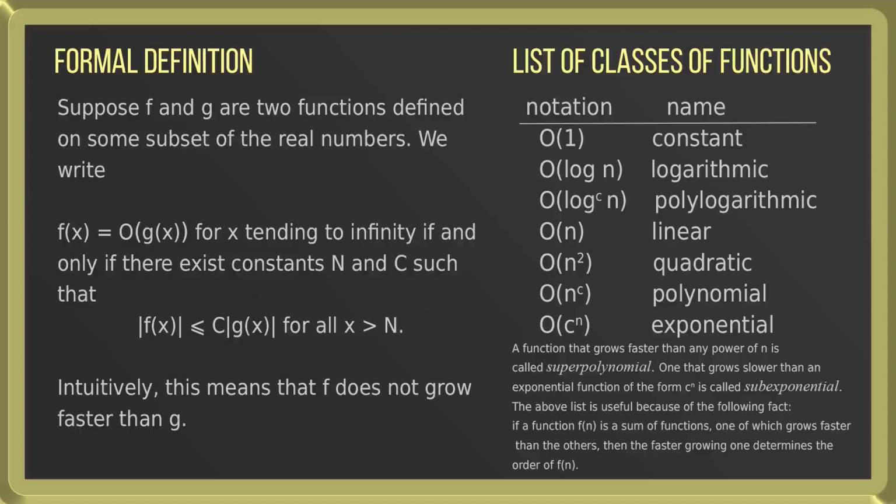The above list is useful because of the following fact: if a function f is a sum of a fixed number of functions, one of which grows faster than the others, then the faster-growing one determines the order of f.